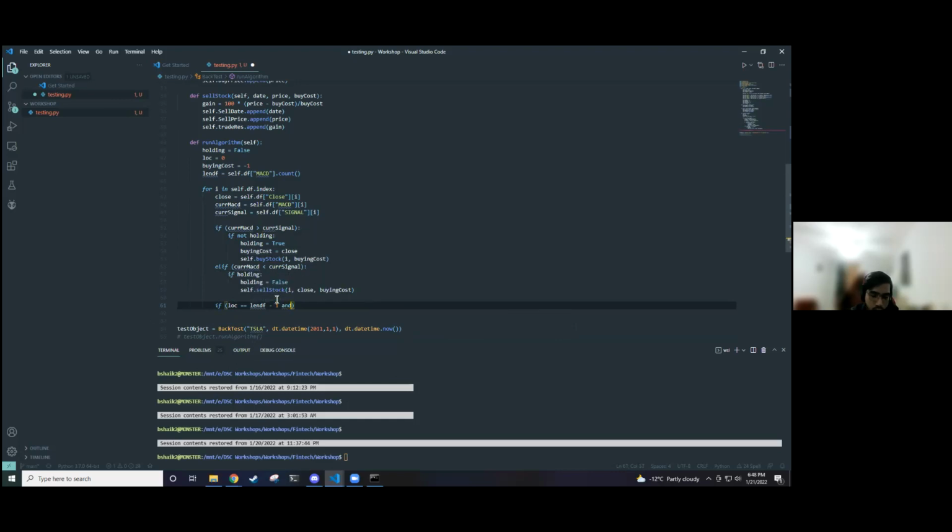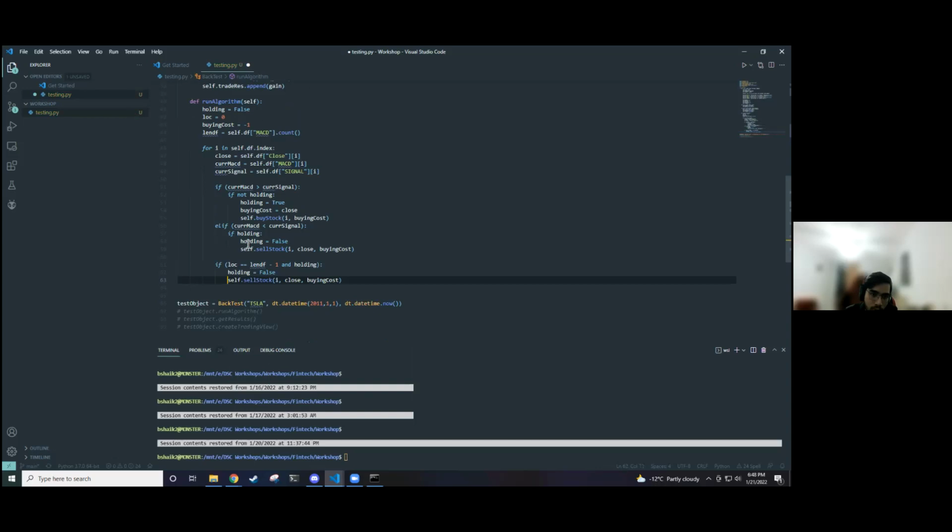And if you're still holding stock, you want to sell it, because you wouldn't get another chance to sell it after you pass the last date. Just say holding equals to false, and do this exact same thing here, because you are selling the stock. So there you go. That's a good use of that function.